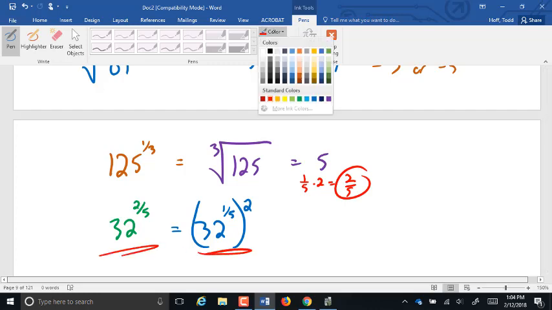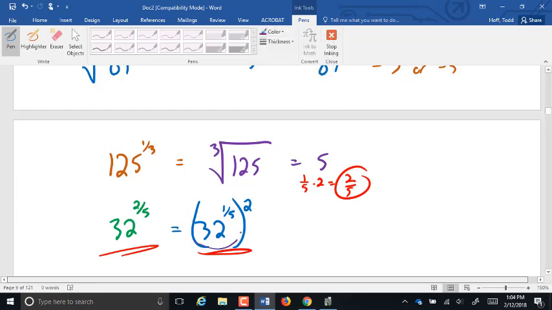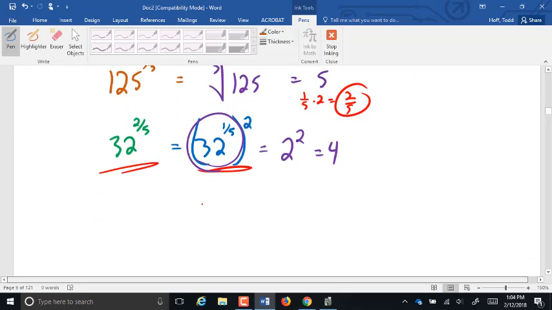What this is telling me is I can do that root first. What is the 5th root of 32? Say 2. 2. And then 2 to the power of 2, which is 4. Now, equivalent to that, however, is 32 squared, then to the power of 1/5.